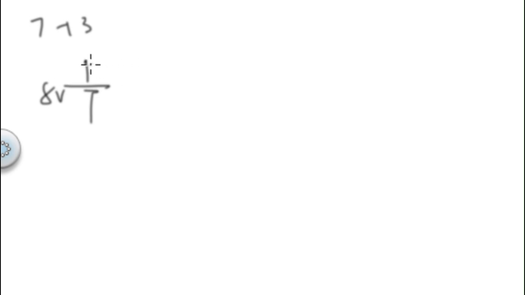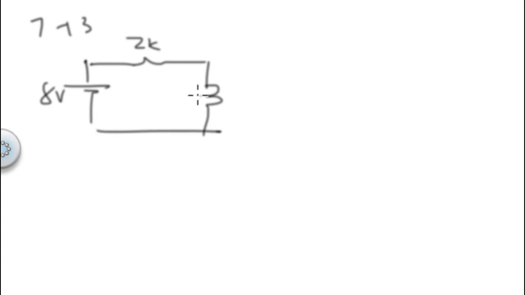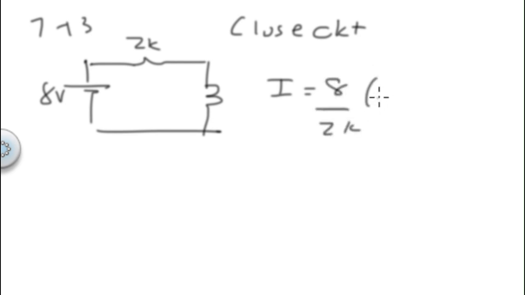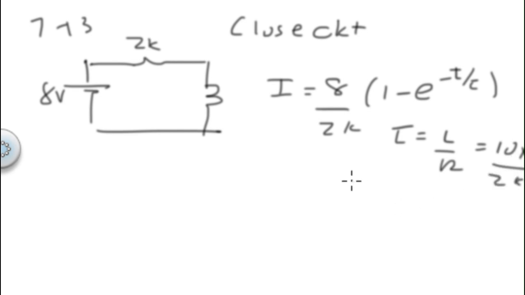And we've got 2K up here. We've got an inductor. So when we close this circuit, what would be our I? I is equal to 8 volts divided by 2K, or 4 milliamps, times 1 minus e to the minus t over tau, where tau is equal to L over R, or L is 10 times 10 to the minus 3 over R, which is 2K. So after a long time, it's going to be 4 milliamps.